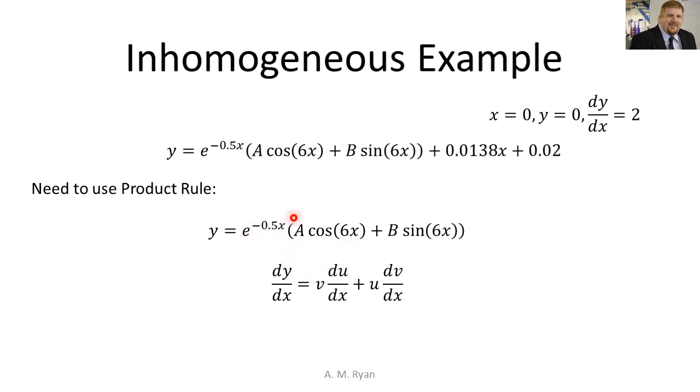I'm going to select e to the minus 0.5x to be my u and a cos 6x plus b sin 6x to be my v, for no other reason than u comes before v in the alphabet. It is a bit stricter with the other rules, but with the product rule we can pick whichever one we want. So we're going to differentiate this part of the function using the product rule.